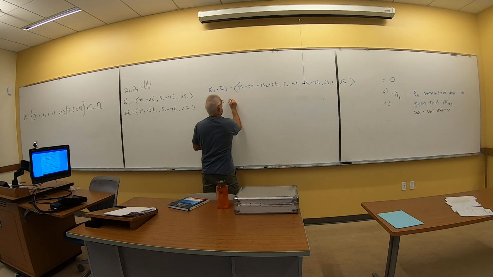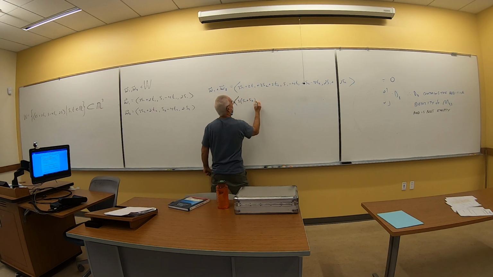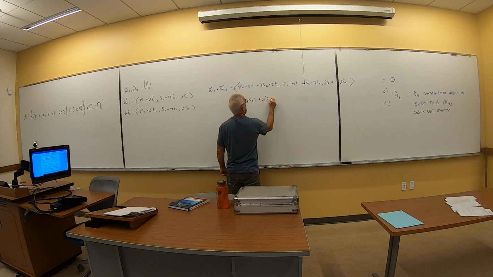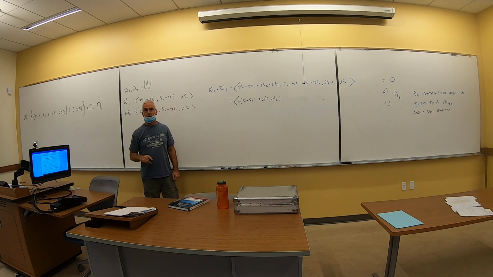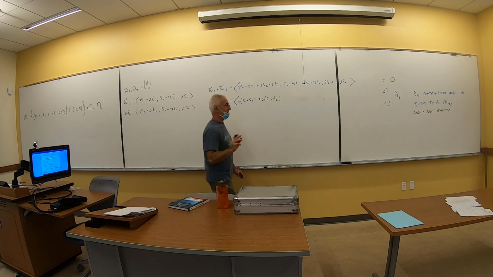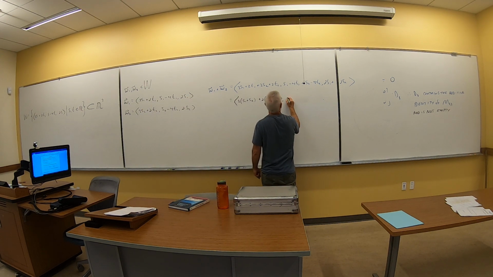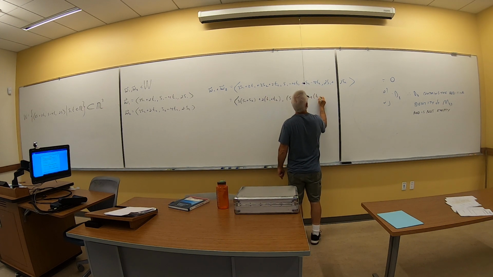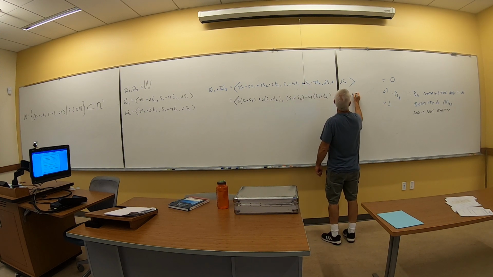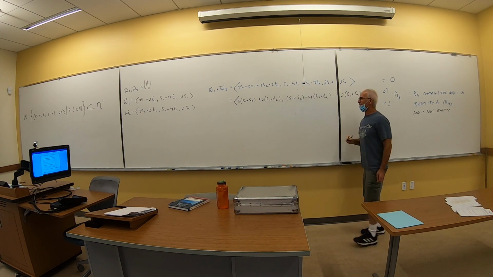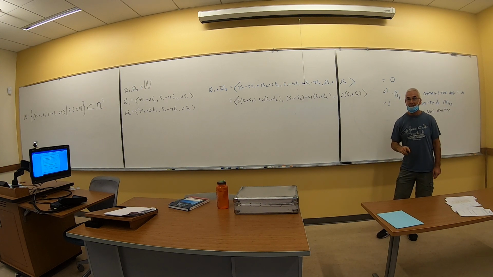Can I write this as 3 times s1 plus s2 plus 2 times t1 plus t2? Yes. This is the key to making this work. Comma, s1 plus s2 minus 4 times t1 plus t2, and then finally 2 times s1 plus s2. It looks a heck of a lot more, but it's still kind of busy.